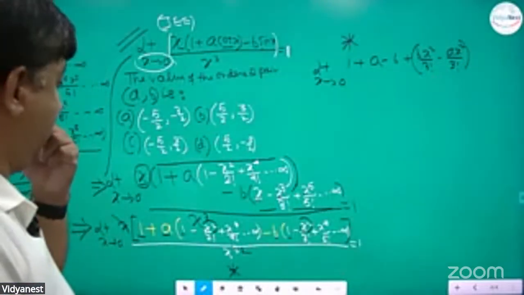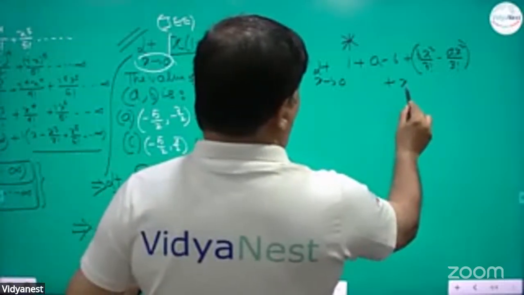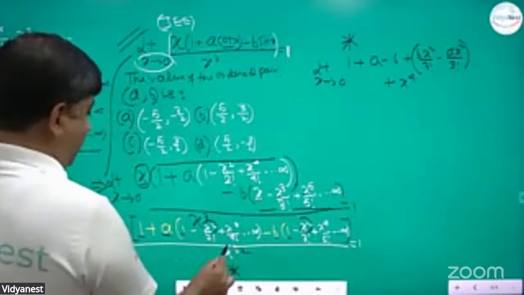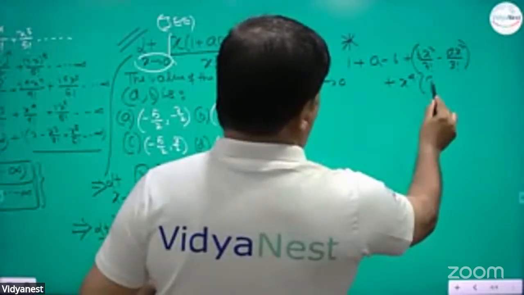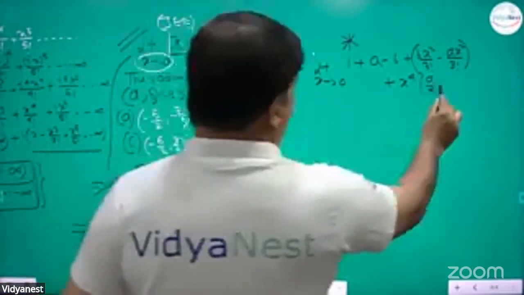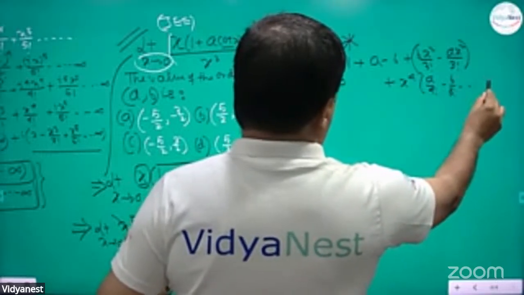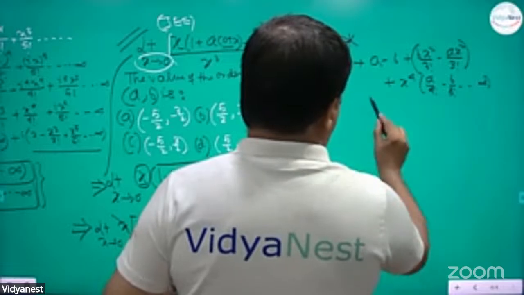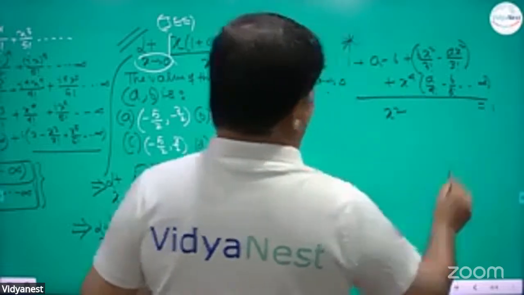Okay, sir. And the other part which is involving x to the power 4 onwards: x to the power 4 into a by factorial 4, here minus b by factorial 5 onwards, no need to mention. By x square, it will converge to 1.